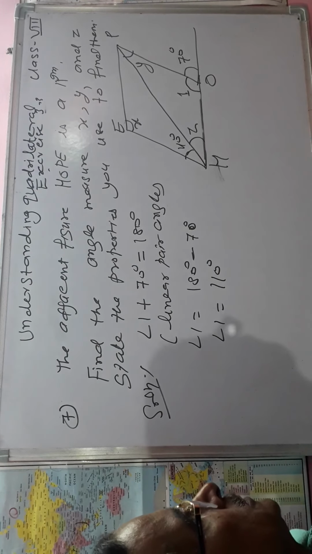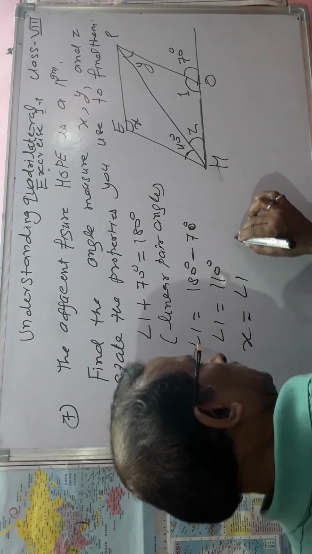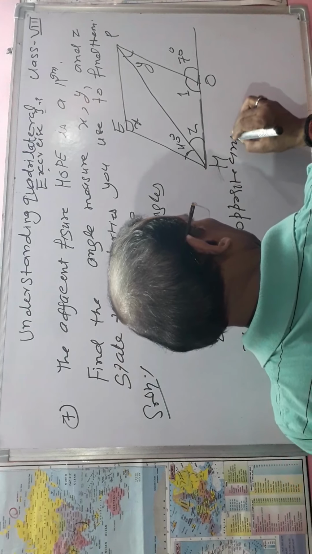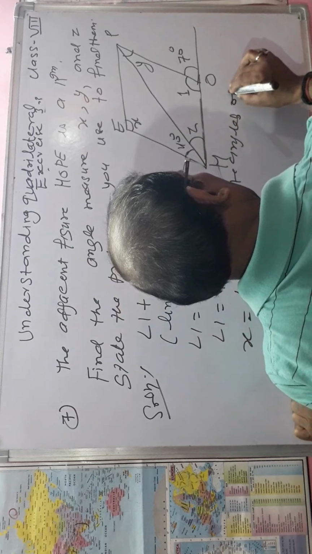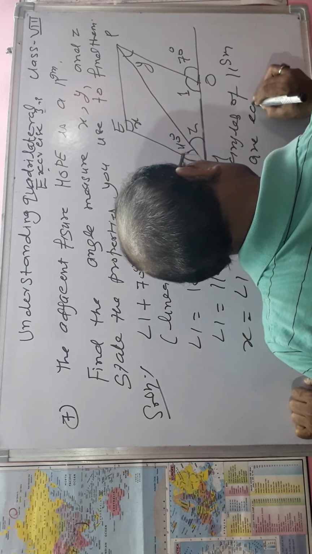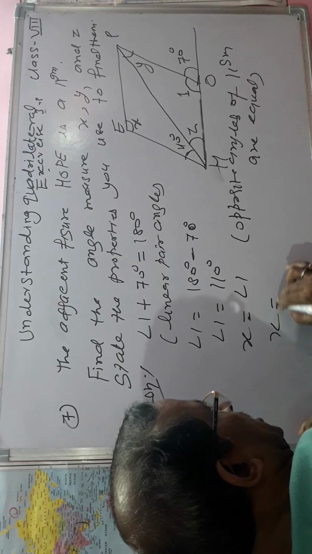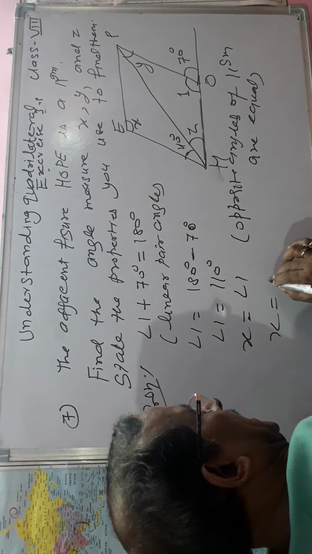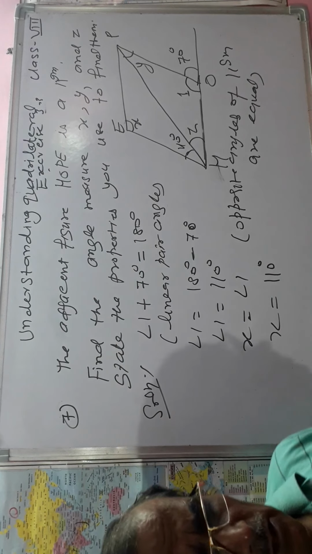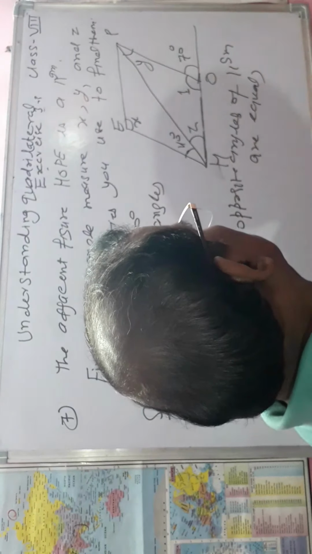Now angle x is equal to angle 1, opposite angles of a parallelogram are equal. Therefore x is equal to angle 1 and that is equal to 110 degree. So we have found the angle x.